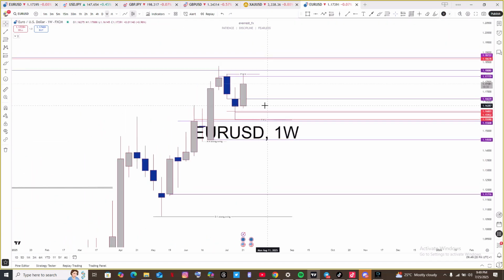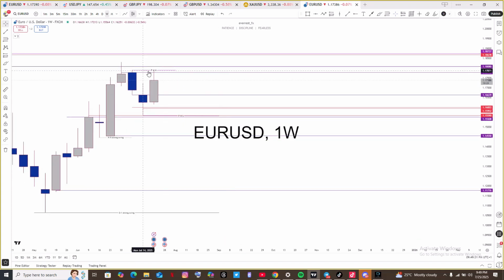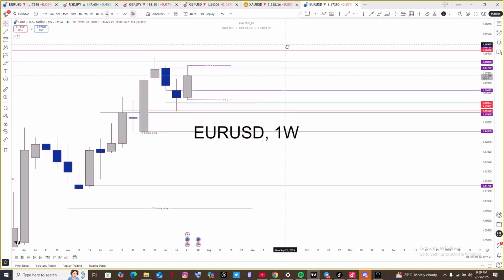So as usual, let's mark our weekly high and weekly low, and then the open and close of the weekly candle. Sorry. So this is our weekly high. And our weekly low.